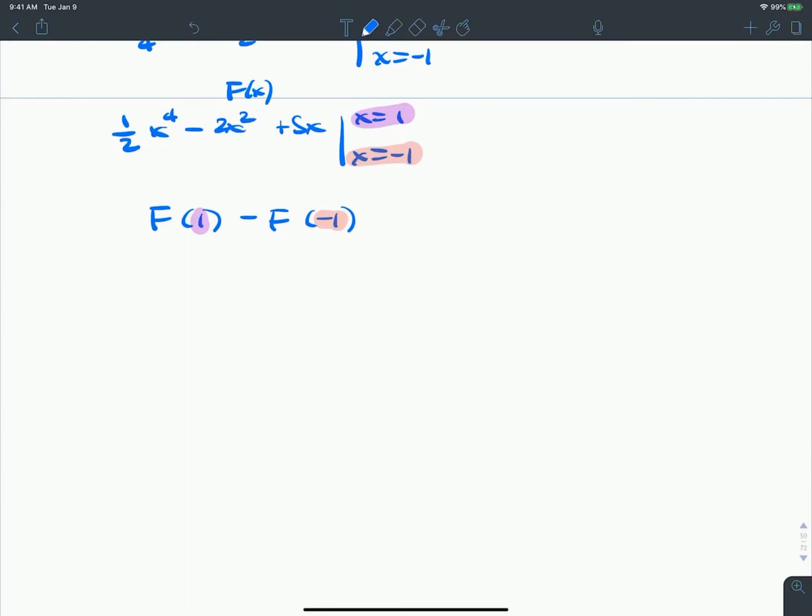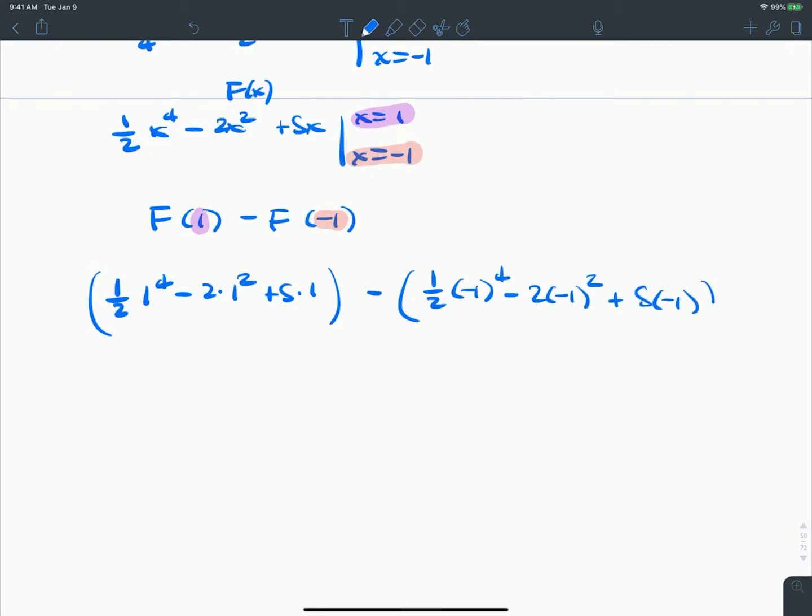So we'll have 1/2 times 1 to the 4th minus 2 times 1 squared plus 5 times 1, put that in parentheses. Subtract now 1/2 times negative 1 to the 4th power minus 2 times negative 1 squared plus 5 times negative 1 here. So you plugged in the 1 value, and you plugged in here the negative 1 value.